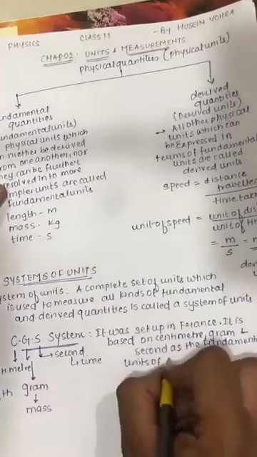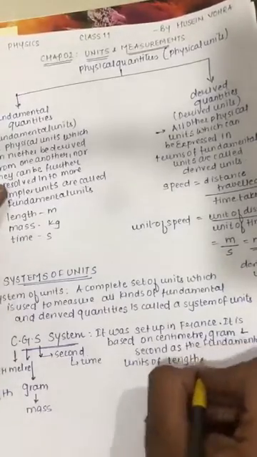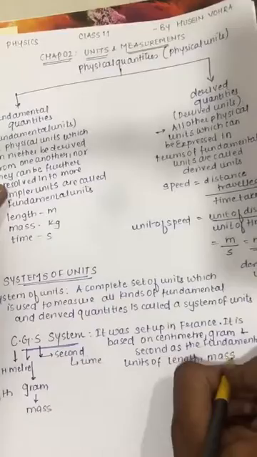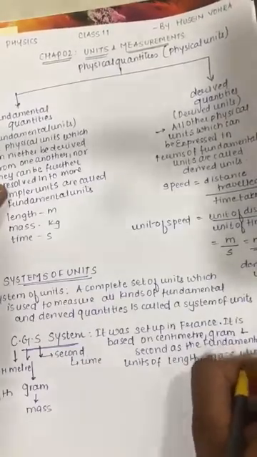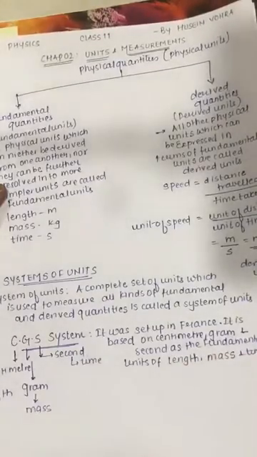Units of length, mass, and time respectively. Clear?